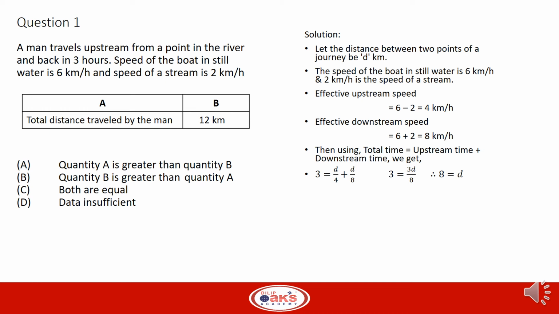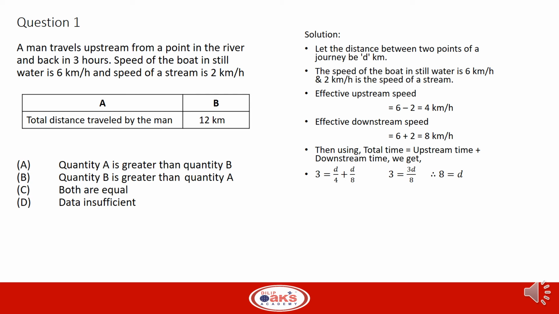Now as you can see, this is a simple equation in one variable. If you solve it, then it gives you 3 is equal to 3d upon 8, that is d is equal to 8, which means the one-way distance, either upstream or downstream, traveled by the man is going to be 8 kilometers.